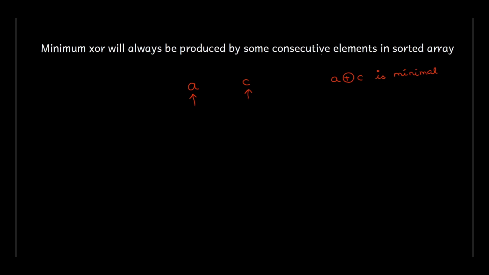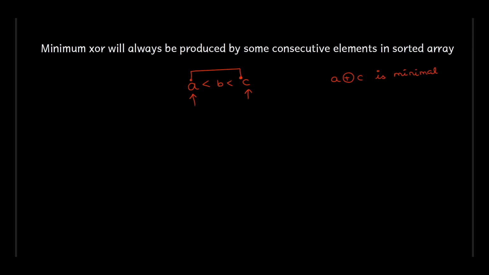Then this statement claims that it has to be some consecutive elements, right? Now to prove it otherwise, let's assume that A and C are not consecutive. There is at least one element in between them in the sorted array, right?